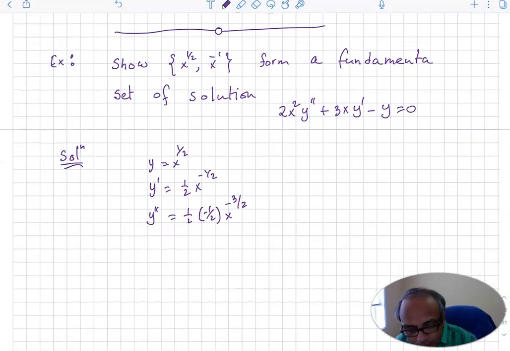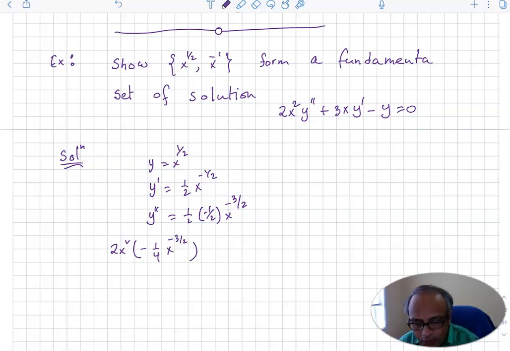Okay, so 2x square times y double prime, where y double prime is negative 1/4 x to the power negative 3 over 2, plus 3x times y prime, which is half x to the power negative 1 over 2, and minus y, which is x to the power half.